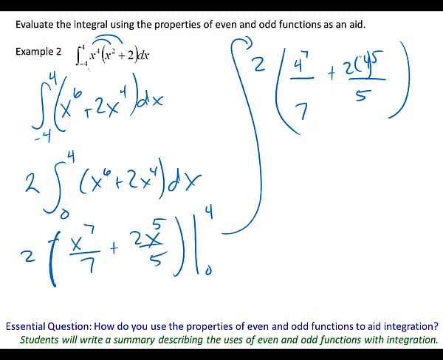So I'm going to let you guys take a minute, plug it into your calculator, and tell me what you get. That's a fourth of 4. It's going to be in the thousands.